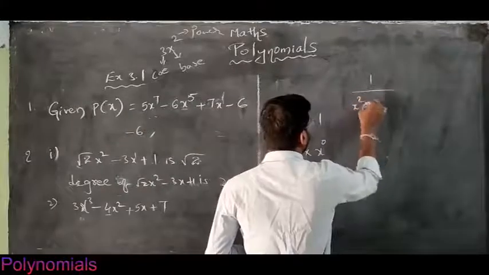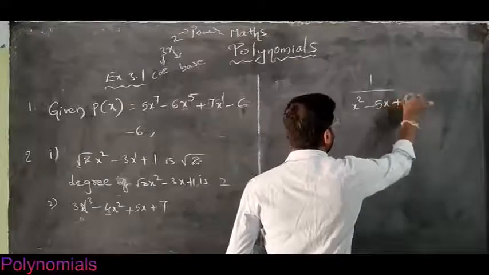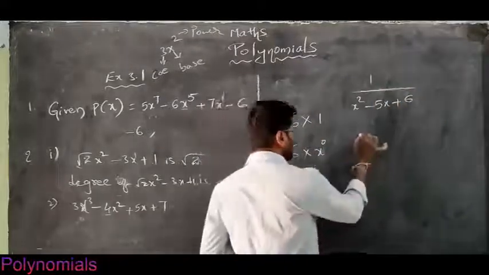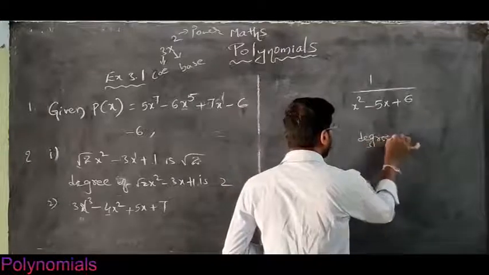Next, 1 by x square minus 5x plus 6 is a quadratic polynomial. Before going to this, first of all you should know about degree.